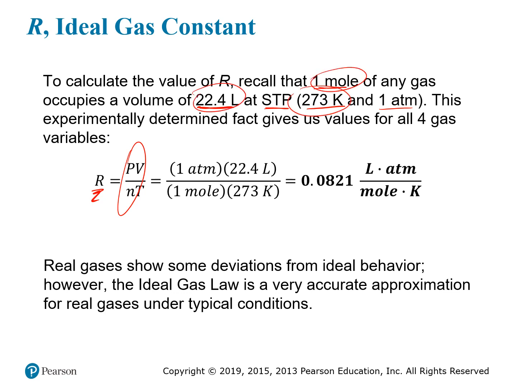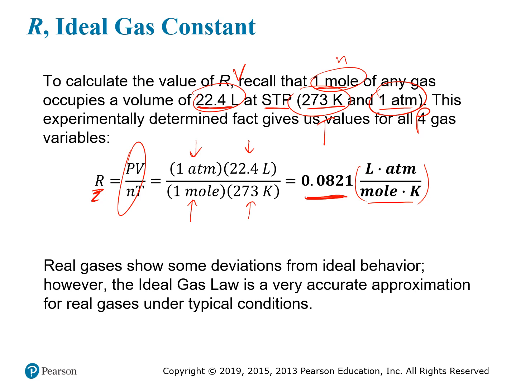It's N, it's V, it's T, and it's P. Once we have all of them, we can just put them all into the expression PV over NT. 1 atmosphere of pressure, 22.4 liters per 1 mole at 273 K. And so we multiply all these together and we get 0.0821 liter atmospheres per mole per Kelvin. It's a little bit of a strange unit. It's an amalgamation of all the different units, but it's very important to pay attention to this unit. We'll see why in a second.